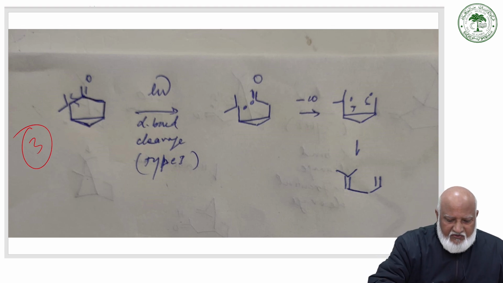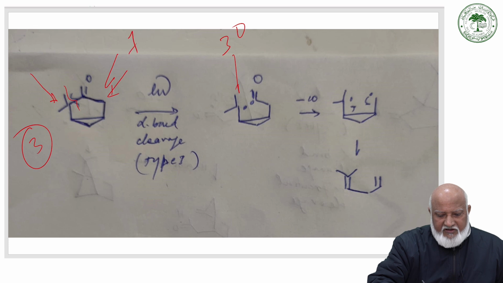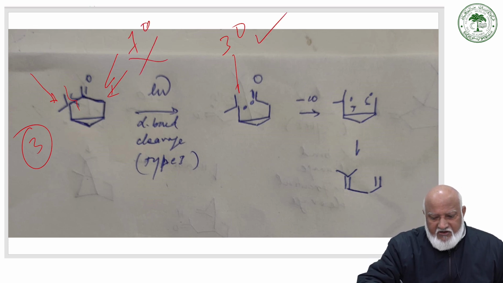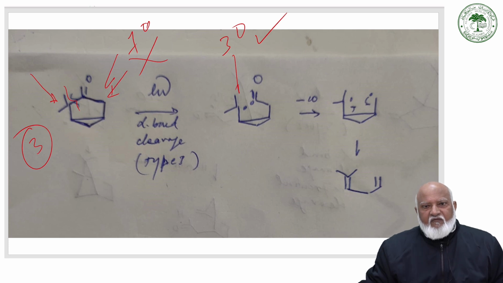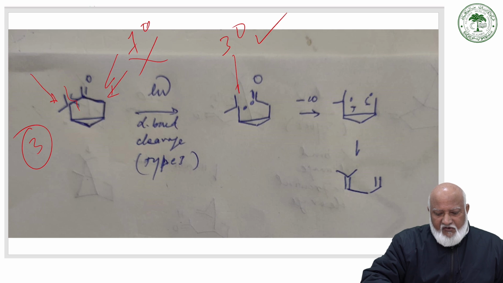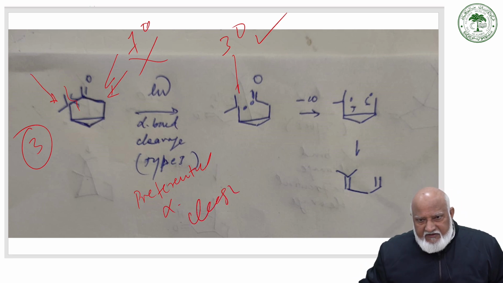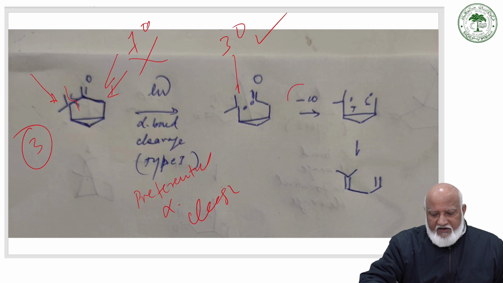So this is again, you have this alpha carbon, this is also alpha carbon. If we cleave this, we are going to generate a tertiary radical. If we cleave this, we are going to generate a primary radical. The primary radical is less stable as compared to the tertiary radical. Tertiary radical is going to be formed, so this will also undergo preferential alpha bond cleavage, and this will undergo decarbonylation.